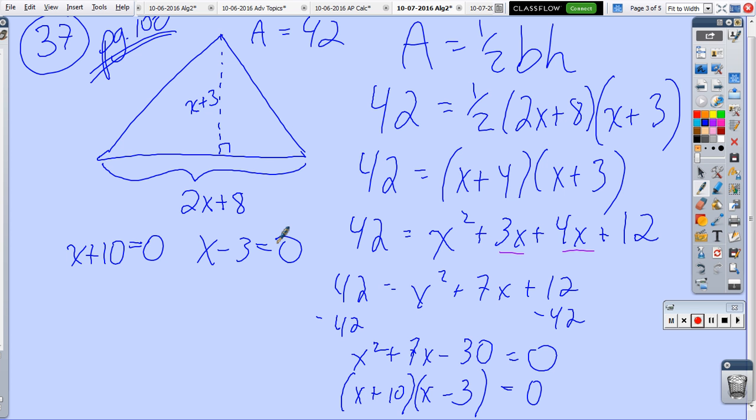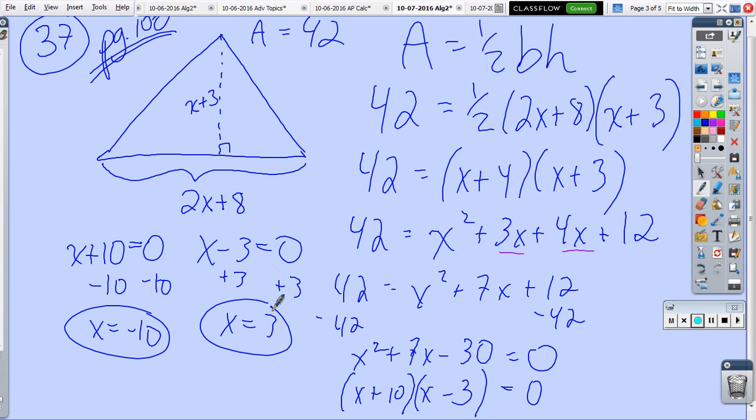So you think the solution is 0, that means 0 plus 10 should be 0? Yeah, it'd be negative 10. Negative 10 plus 10 is 0. If we subtract 10 on each side, x would equal negative 10. And then solve for this one, how would you solve for it? What did you say? Add 3? Yeah.